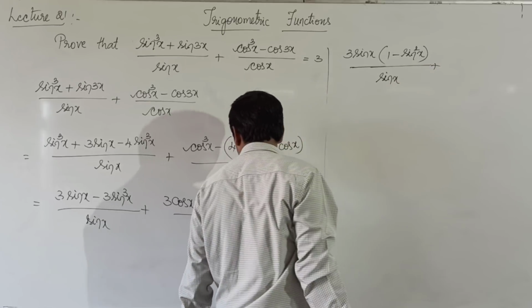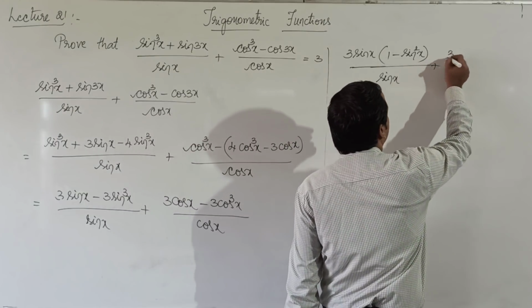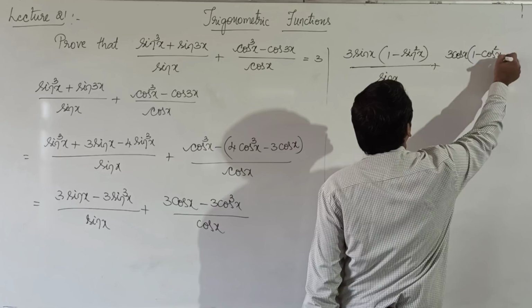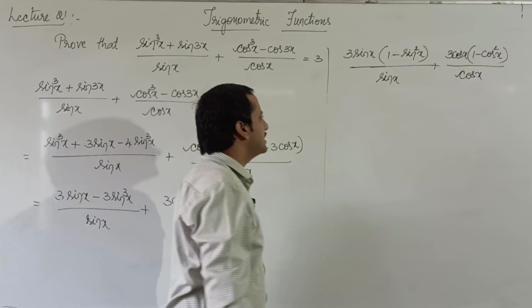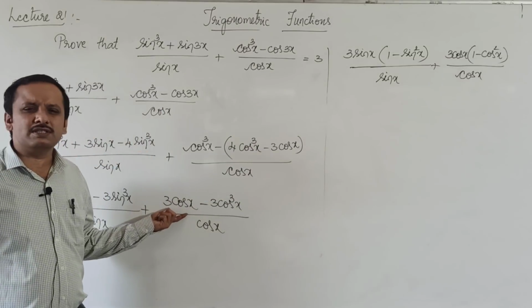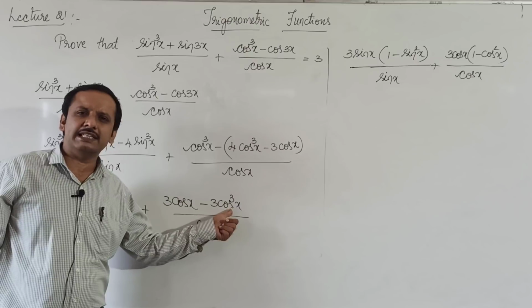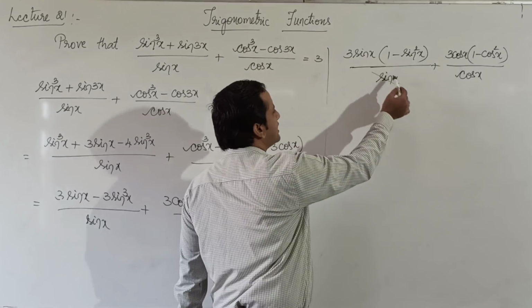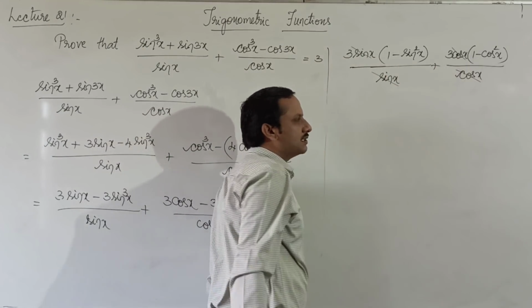Plus, in the same way, I will take 3 cos x as common, and 1 minus cos square x will remain. The sin x gets cancelled, and here cos x gets cancelled.